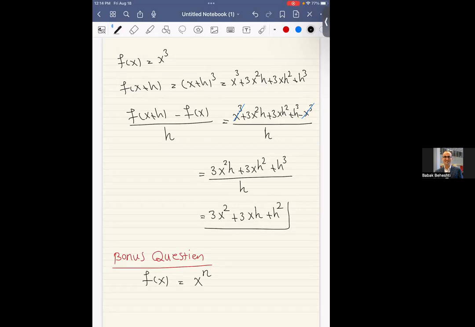I mean, here we just compute the difference quotient, not the derivative. The difference quotient is f of x plus h minus f of x over h.